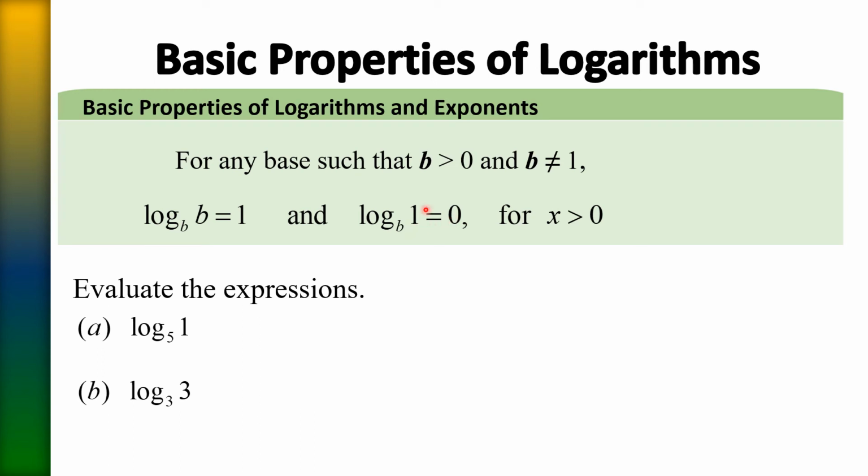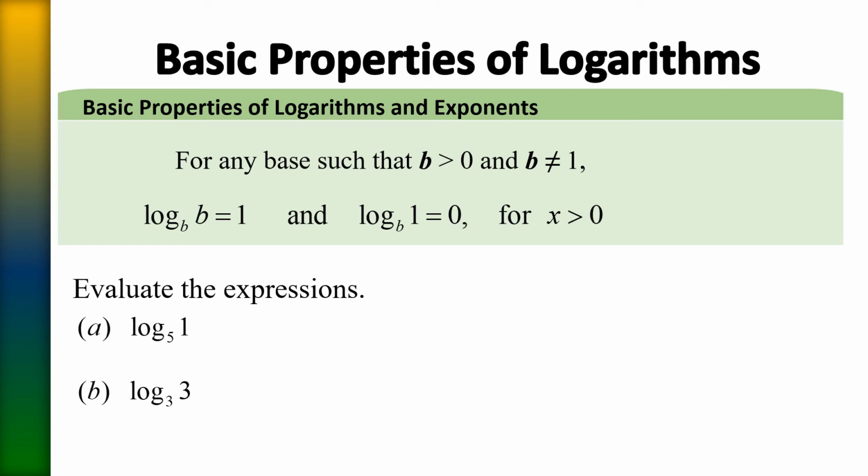Anytime your answer equals 1, the log is going to equal 0, because 0 is the only power that you can raise a number to and get an answer of 1. So anytime you have log base b of 1, it is always going to equal 0.